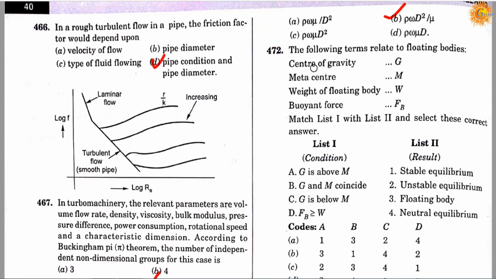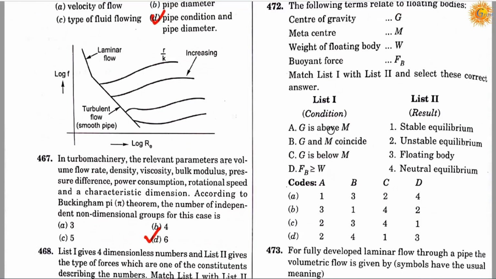Question number 472. The following terms relate to floating bodies: center of gravity G, metacenter M, weight of floating body W, and buoyant force F subscript B. You have to match the first list with the second list and select the correct answer.